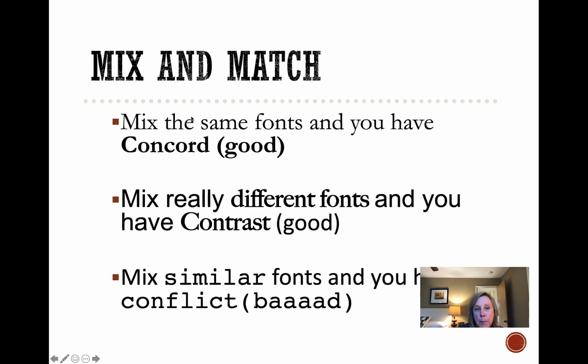So if you mix two fonts within the same family, you mix Arial Bold with Arial Regular, you mix Helvetica Narrow with Helvetica Bold, that is called concord. Concord means it's harmonious. So you have harmony when you mix different versions of the same font.